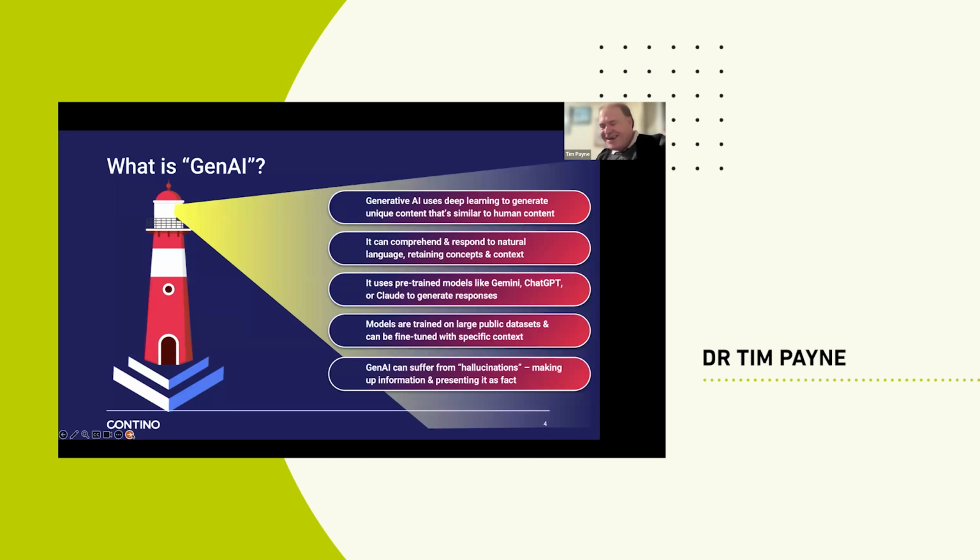Not always, but most of the time, it will generate images; it can generate multimedia. So the idea of Gen AI at a high level is that it can take queries that you pass in, and it will respond almost as if it was a human and generate content based on the pre-training that those models have had, and then respond to your queries, give you context, and then it allows you to follow up on queries.